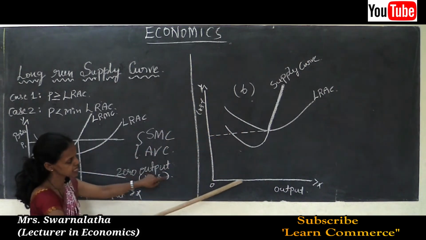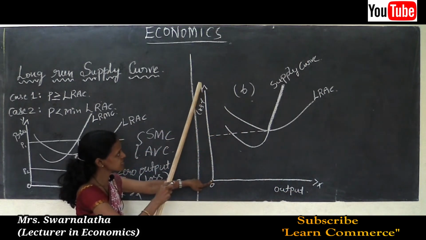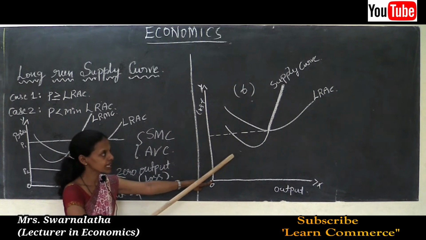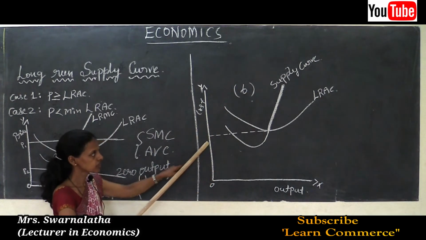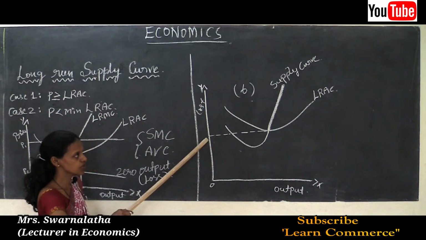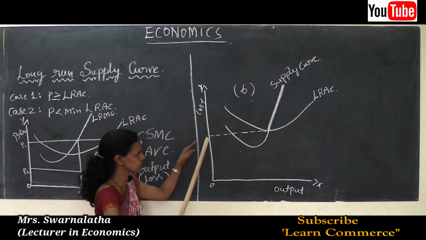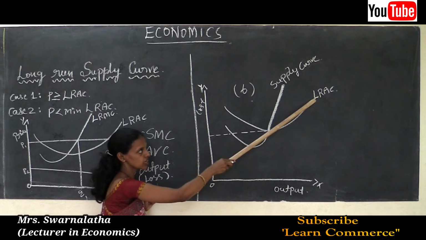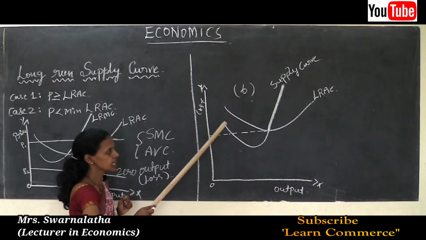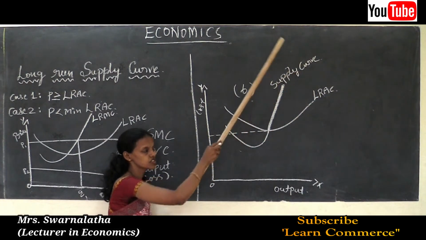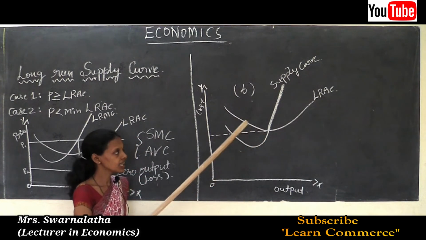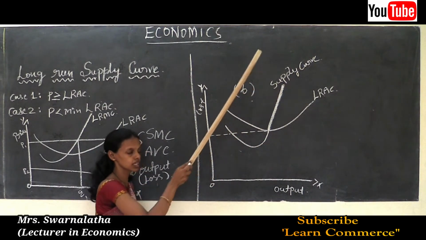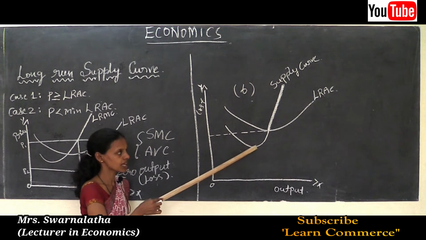We can see the OX axis is output and the OY axis represents cost or price. Whatever the price is, P remains constant, as we studied in this diagram. Here LRAC is the long run average cost curve and LRMC is the long run marginal cost curve. LRMC is nothing but the supply curve, as we studied in the short run supply curve.